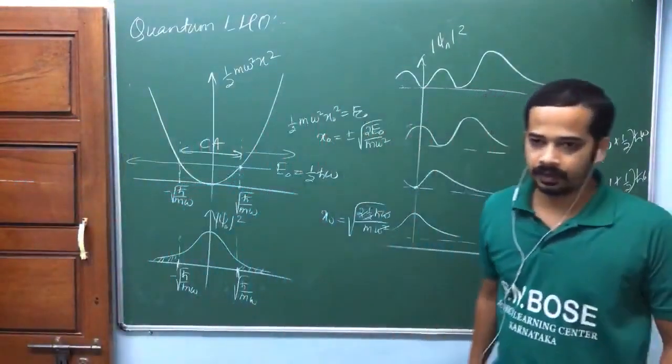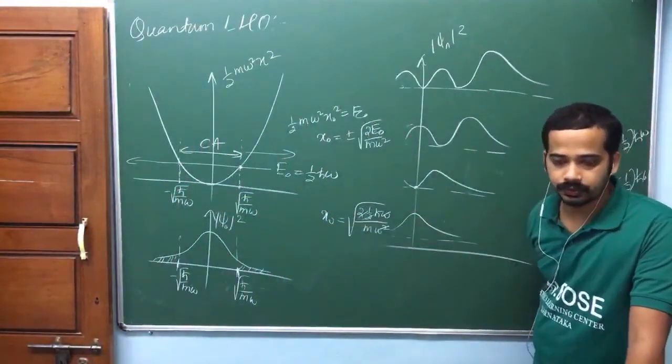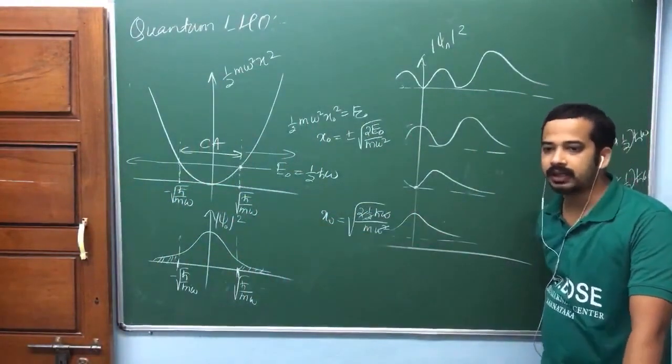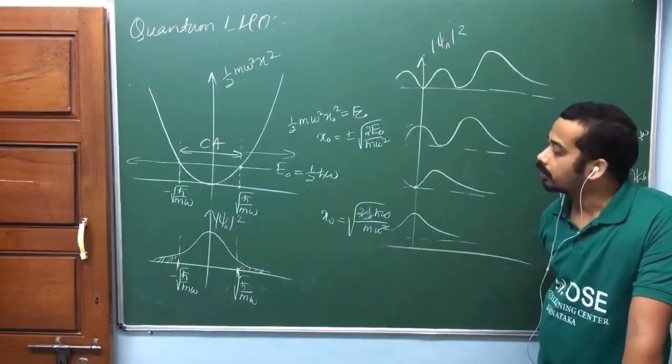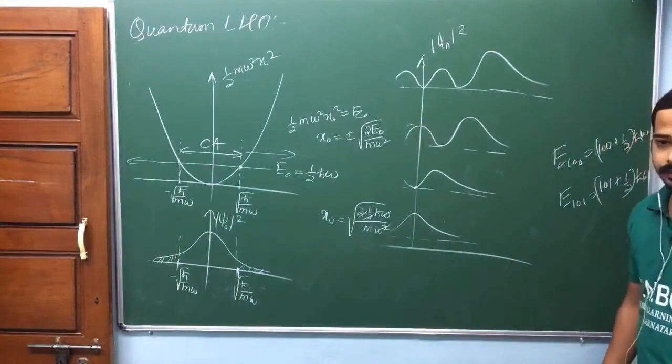That is the difference between classical and quantum. I forgot to quote this actually. Not only is energy discrete here, you have probability of finding the particle outside the classically allowed region.